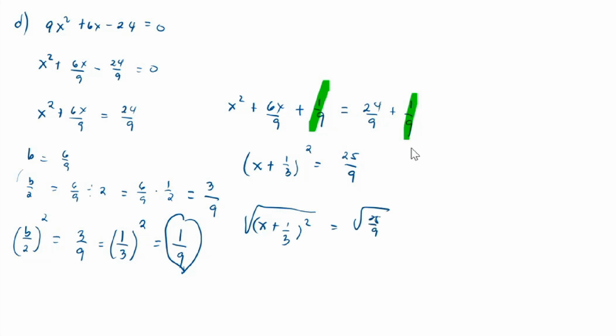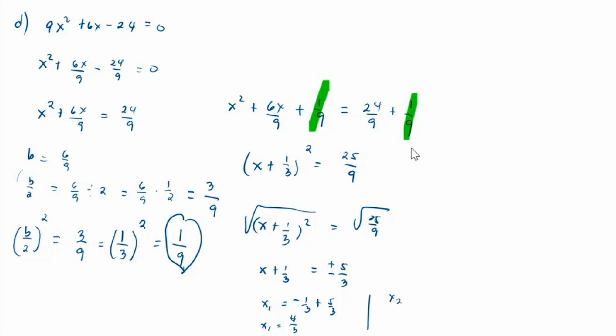So the square and the root cancel. Therefore, we have x plus 1/3 equals the square root of 25 over 9, which gives plus and minus 5 over 3. Then to solve for x sub 1, we transpose, so it becomes negative 1/3 plus 5 over 3. So x sub 1 equals negative 1/3 plus 5 over 3, and we have 4 over 3.